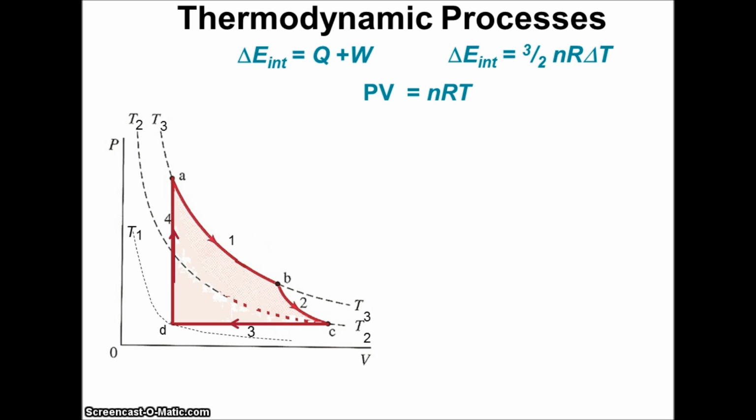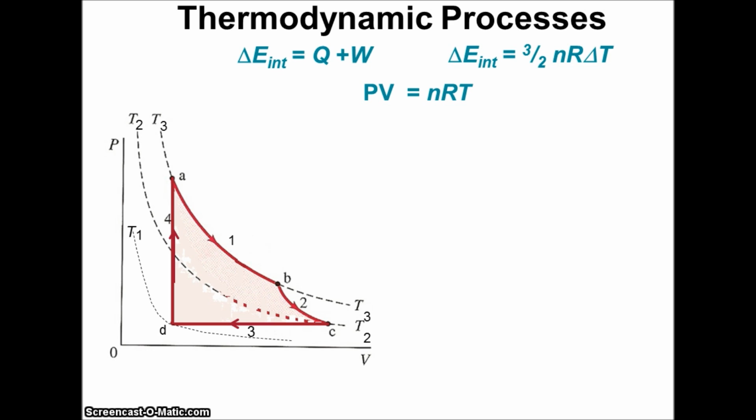So look at the PV diagram we have here. Notice we have a gas that goes from A to B to C to D and back up to A again. When it goes from A to B, notice that temperature T3 is constant. That's an isothermal process.